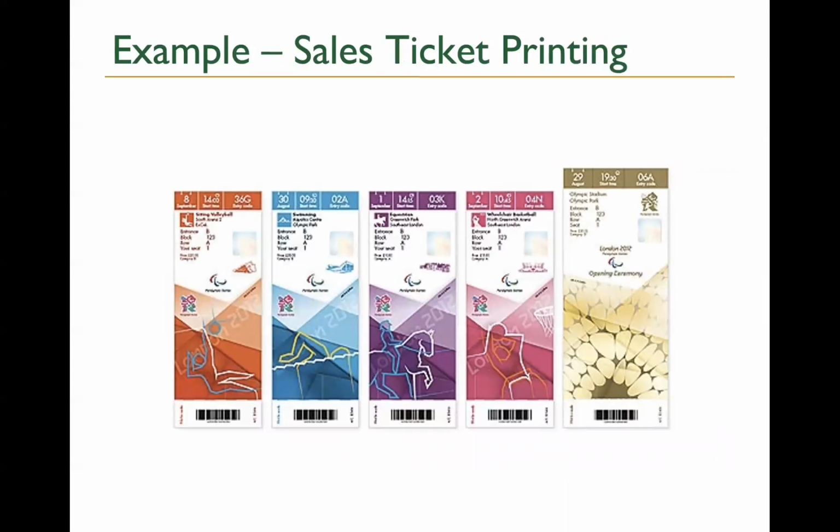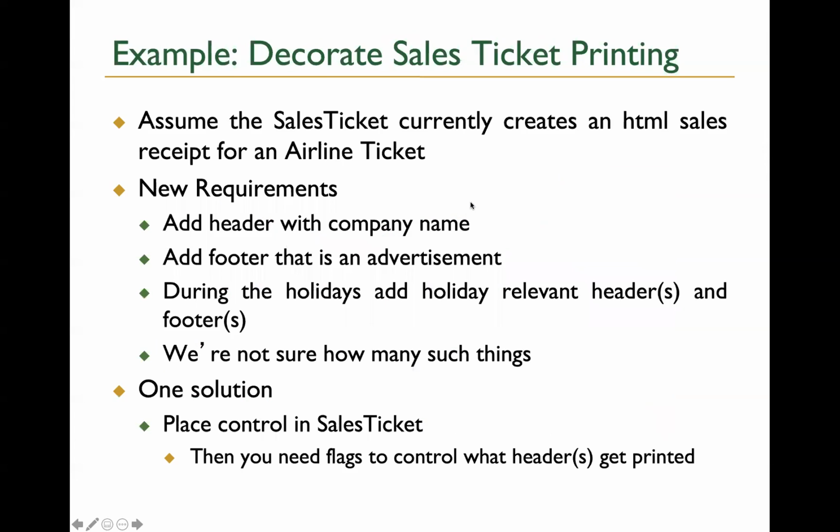So let's say that we want to do some kind of ticket printing. Different tickets have different information to put. Now, besides the most important information about the ticket, like events, time and date, all these details, we might want to do some decorations, things like a bottom footer. What do you print? Barcode, some of the sponsors, and also the header. So we can use the footer and header example to show this idea.